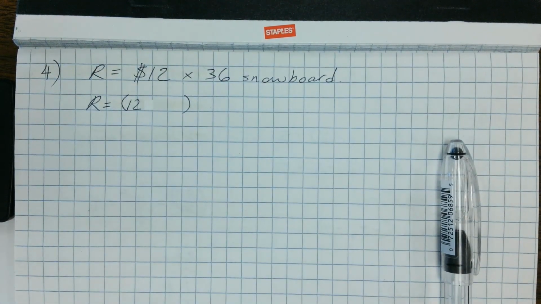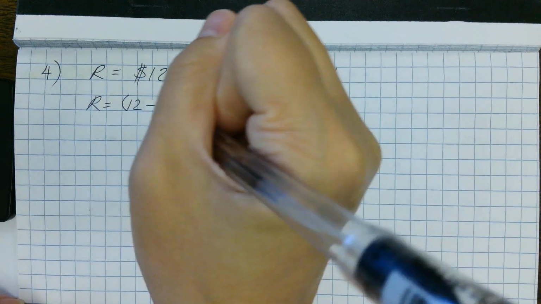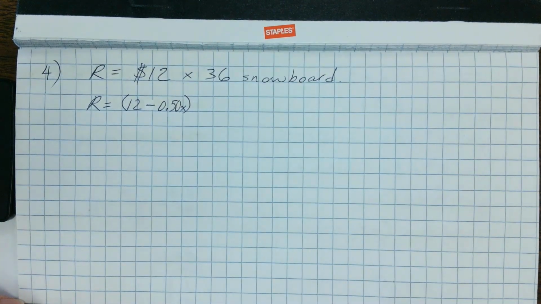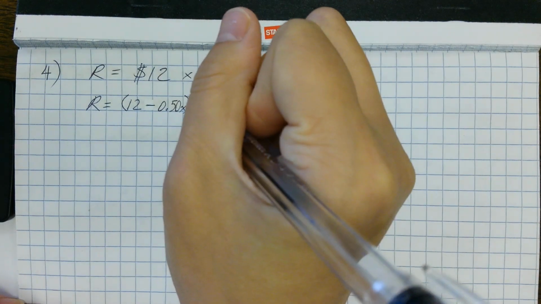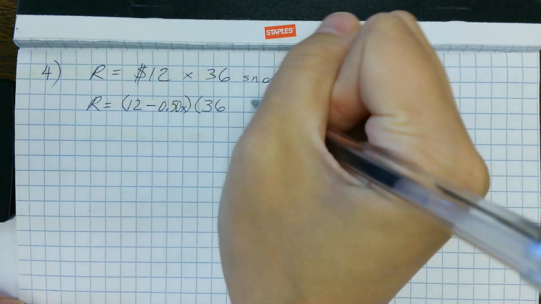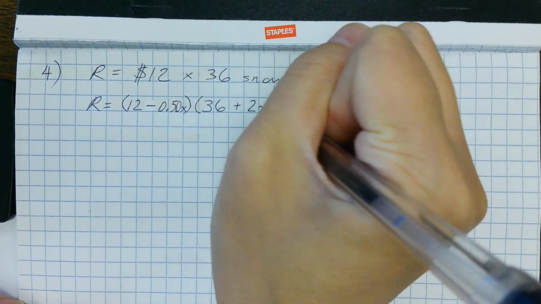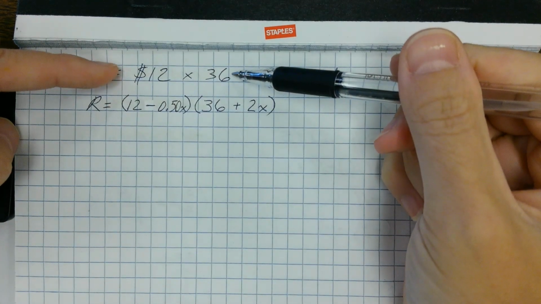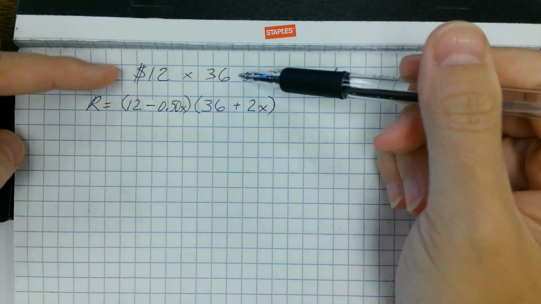So instead of $12, I want to do 12, take away 50 cents deductions. And whenever I do that, I can rent out 2 more. You see how I changed from this to this because of the new condition?